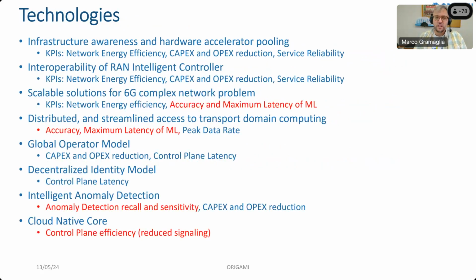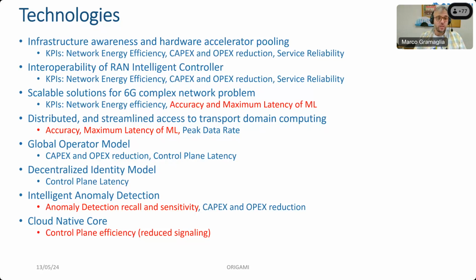And these are the 8 barriers that we want to bring down, as discussed in the previous slide. So the KPIs, I'm listing them here, barrier by barrier, and now I'm going to discuss them briefly. The first technology is infrastructure awareness and hardware accelerator pooling, and here we are targeting KPIs related to network energy efficiency, CAPEX and OPEX reduction, and service reliability.